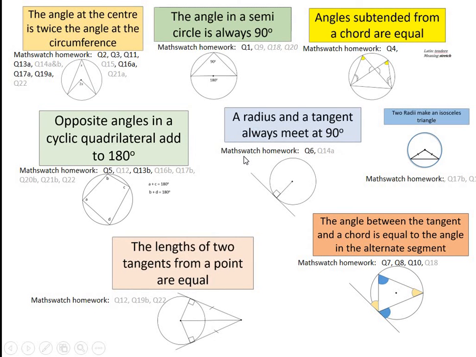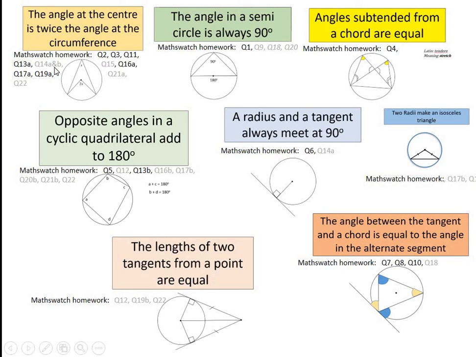So again, this is the sheet that I first showed you, and you do have a Mathswatch homework set on circle theorems, and what I've done is include which questions match up to the Mathswatch homework. The ones in grey mean it's not entirely obvious that this is the theorem to use, but the ones in black, you would definitely use this rule.